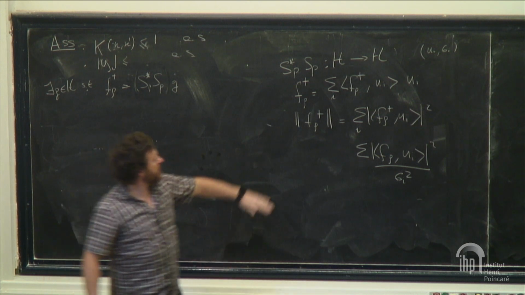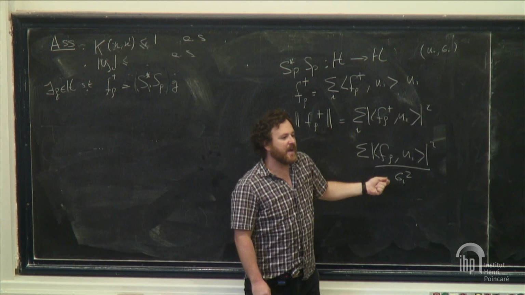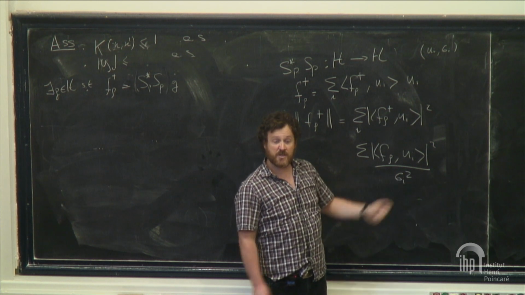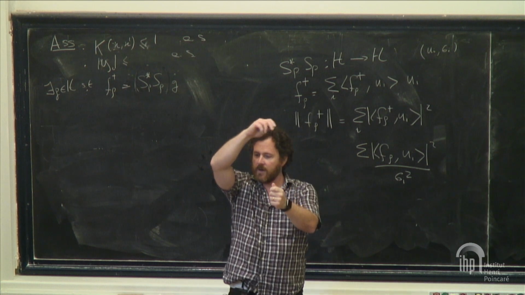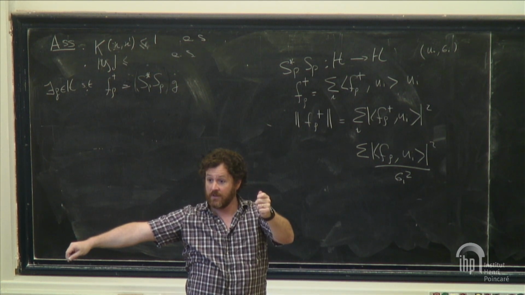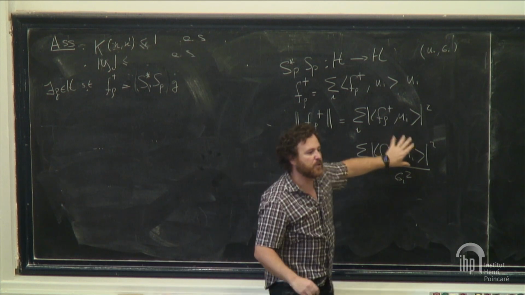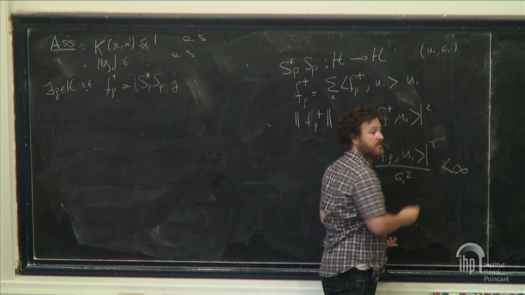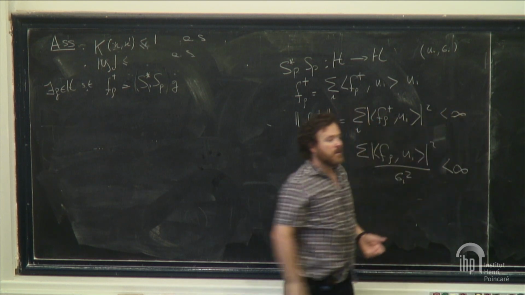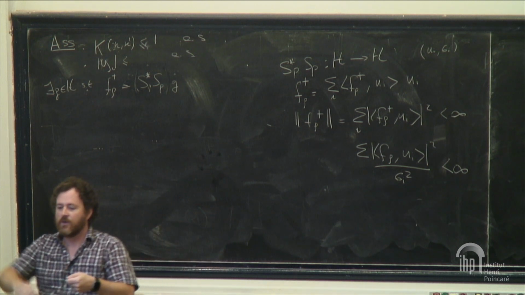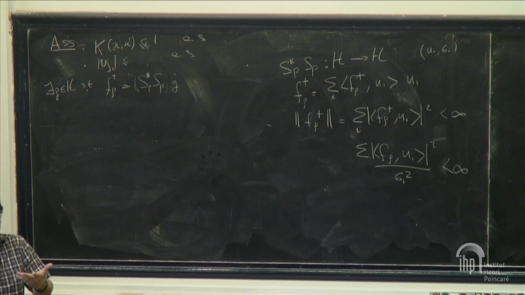Okay? So the sequence converges. Now I divide by the sequence of the square of the eigenvalues. You have to remember that the eigenvalues are a sequence of positive numbers that converge to 0. So now I'm dividing by something that goes to 0, and I require this to still be finite. Okay? So what does it mean? That not only do I ask my function to have a decaying sequence, but I put a condition on how fast it decays.